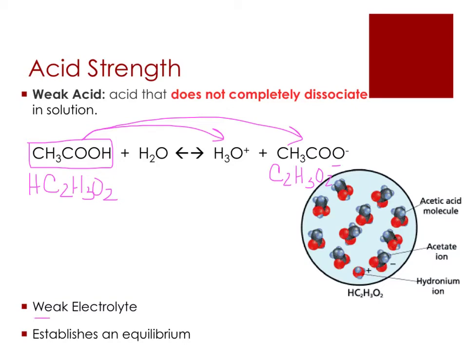This makes it a weak electrolyte because it puts fewer ions in solution. It also means that it establishes an equilibrium, as we can see by the double-sided arrow. This means that the reverse reaction is also occurring.